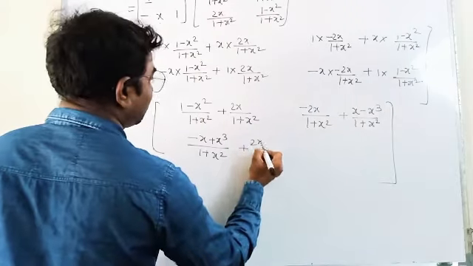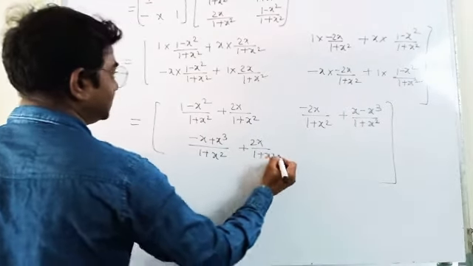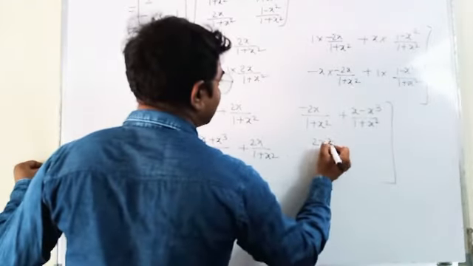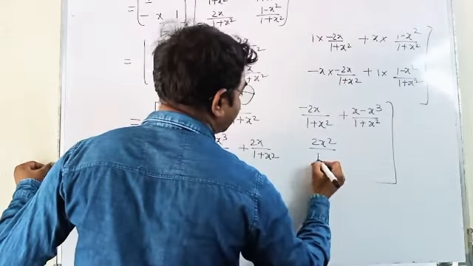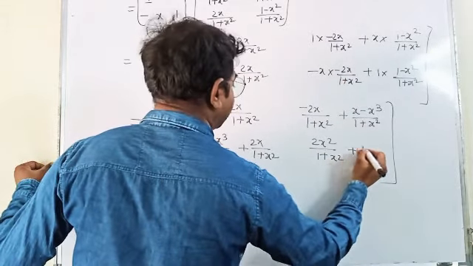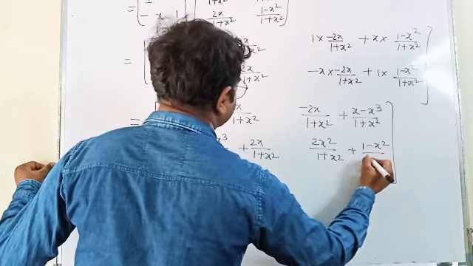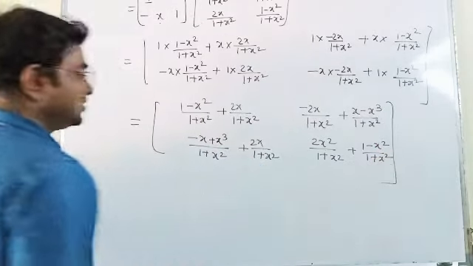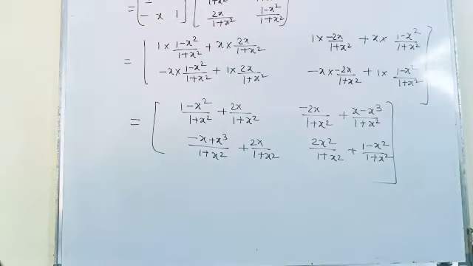This is 2x upon 1 plus x square. Next one is 2x square plus positive, it will become positive upon 1 plus x square, and then 1 minus x square upon 1 plus x square. I think this is a simple multiplication.